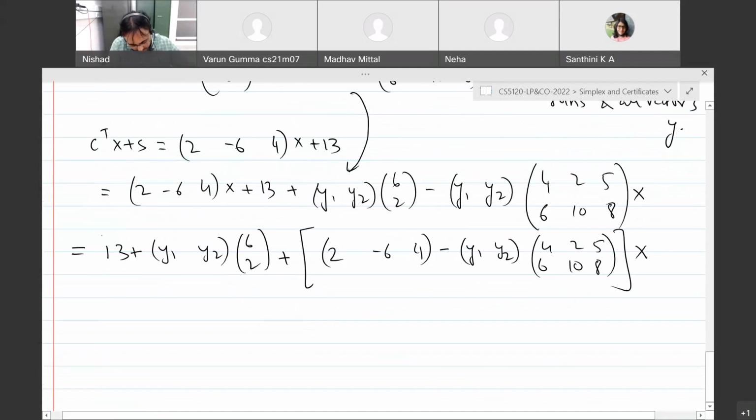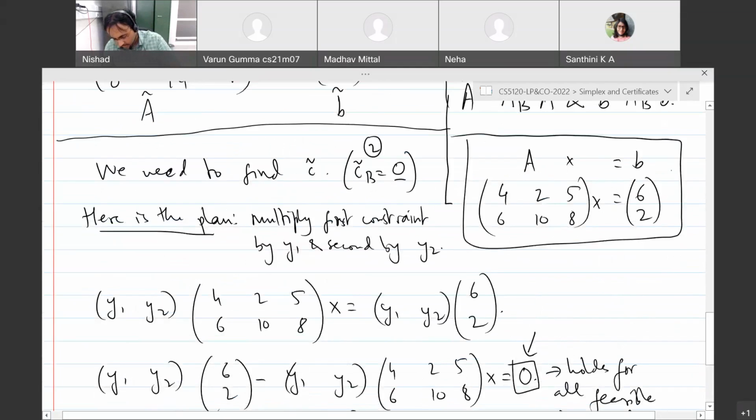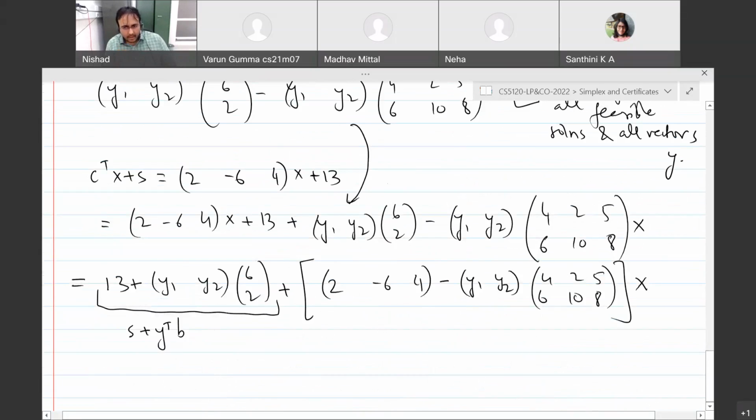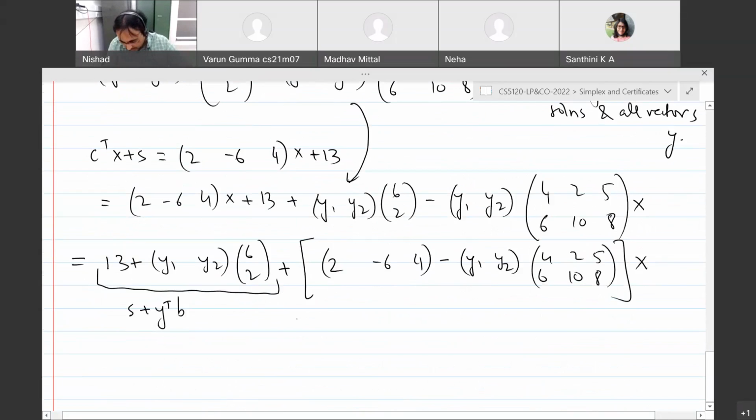This is going to be our S plus Y transpose B. Notice that 6, 2 is basically our right hand side here. And what do we have here?